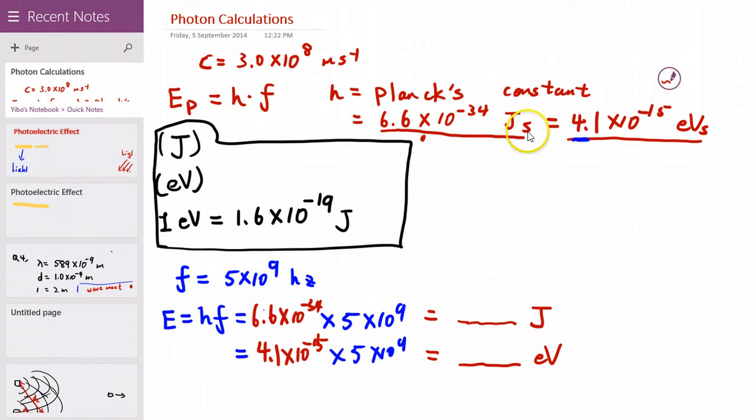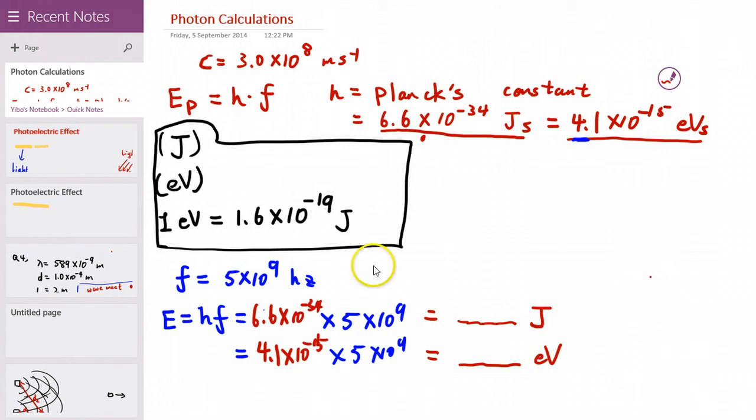So in order to decide which Planck's constant you want to use, it really depends on you. It depends on how you want the units to be. Do you want to measure it in joules or electron volts?